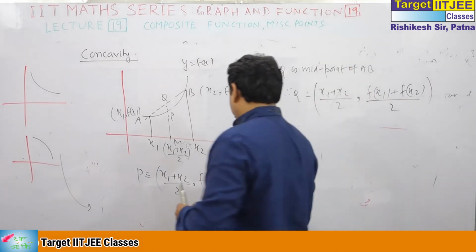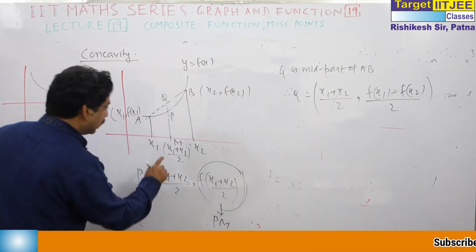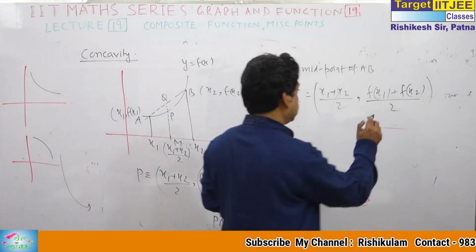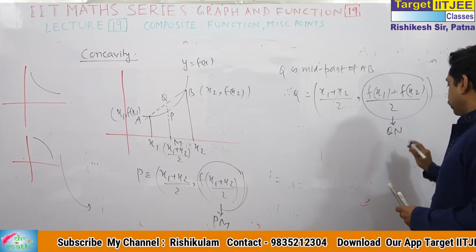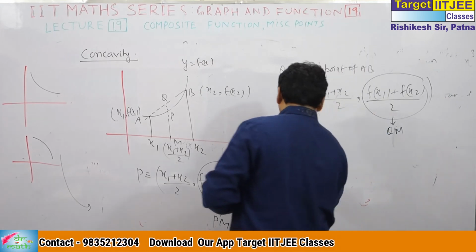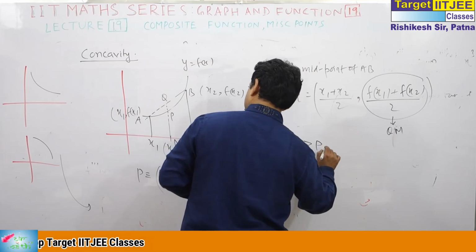Now you can see from the figure, this distance is PM. And this distance is QM. Clearly QM is greater than PM.